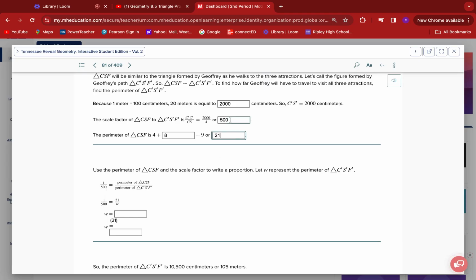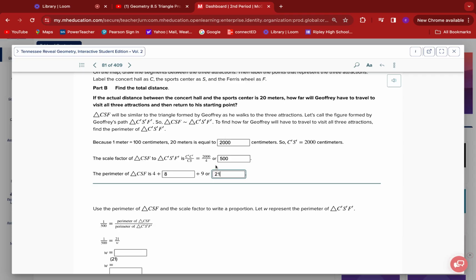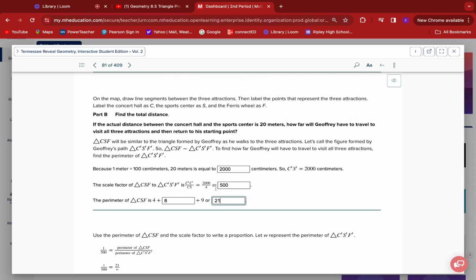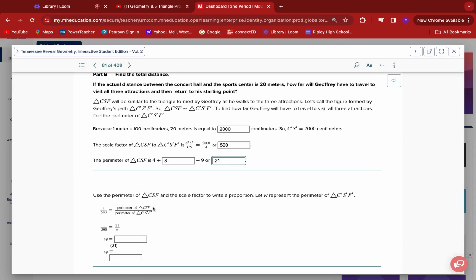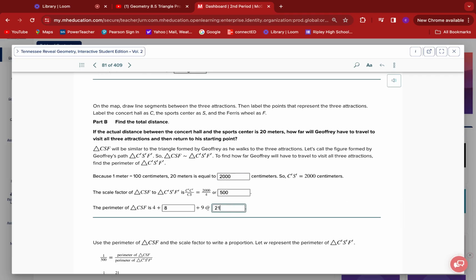If you're wondering where that comes from, 1 out of 500 comes from knowing what the scale factor is. The perimeter of the regular triangle, CSF, in comparison to the perimeter of the image triangle, C prime S prime F prime, is 21 over W. Again, if you're wondering where that came from, 21 right there.